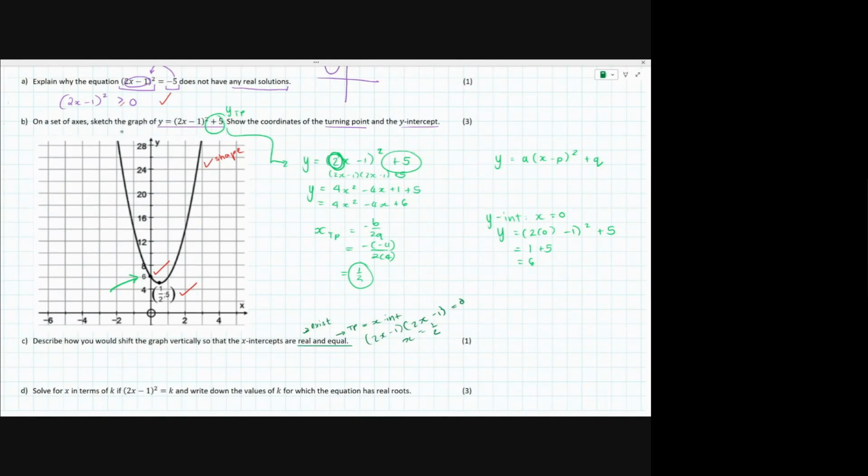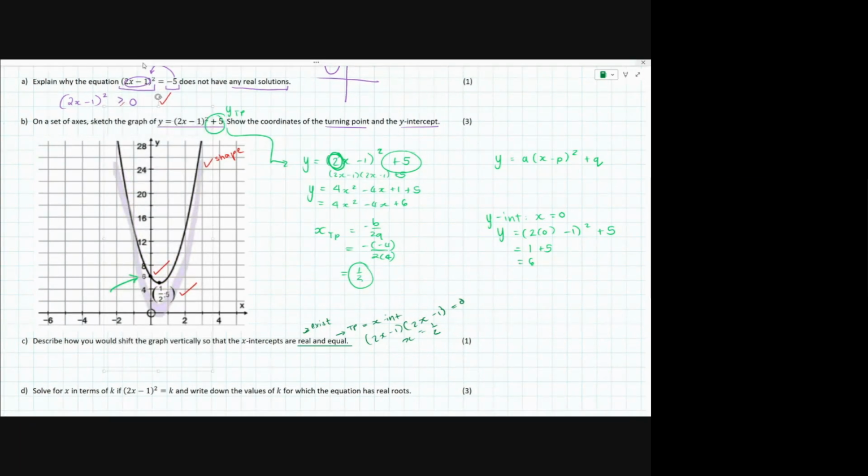Okay, so if we go and have a look at our graph, and again, imagine you are shifting this graph. So here's my parabola. I want to move it up or down so that it now touches my x-axis. So essentially, I need to go from a turning point at a half, 5, and I need to move this down so it touches my x-axis.